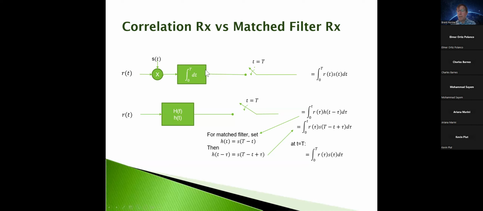This could be an analog form, or it could be sampled and have amplitudes associated with each of those samples for both r and for s. And so you might have many samples within this pulse period, right?